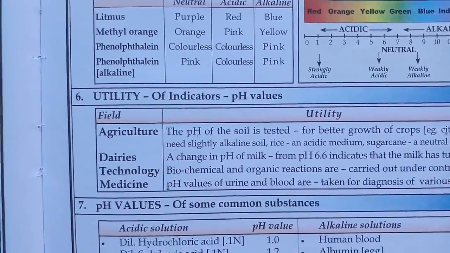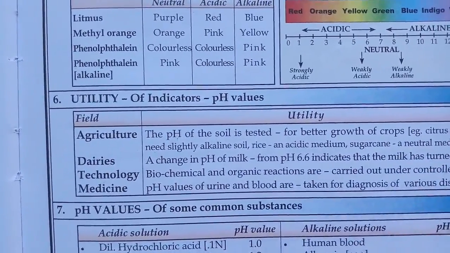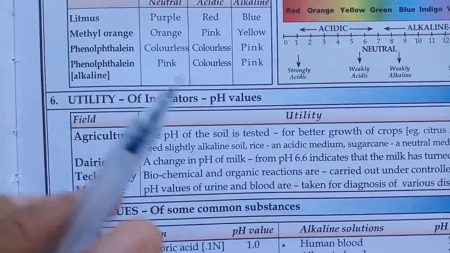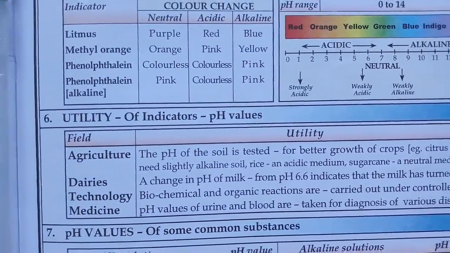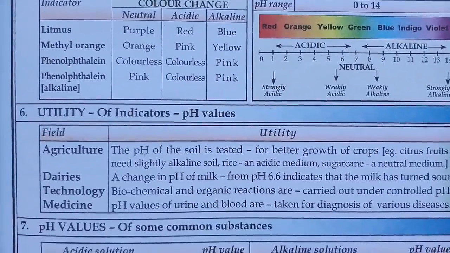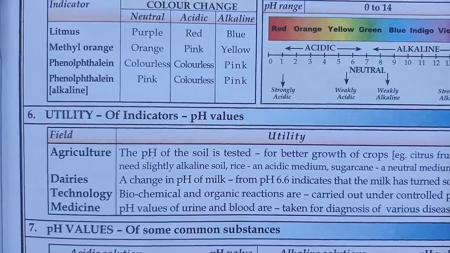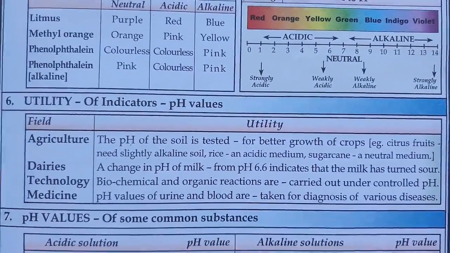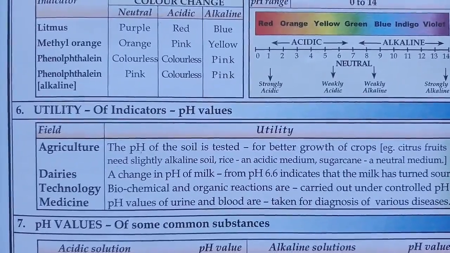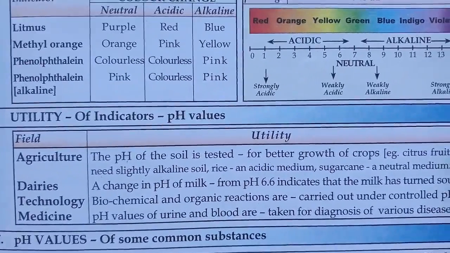They give an idea. So if your field is not growing a crop, then you need to take a sample of your soil and go to the chemical lab and ask them to test the soil sample. Then you come to know about your crop and the fertility of the soil, right?